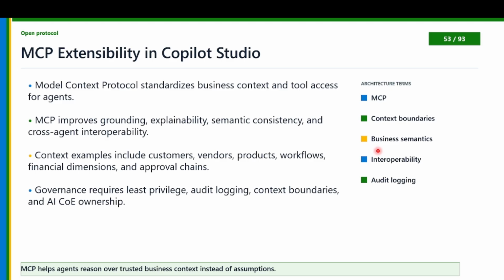Okay. Then business semantics. Business semantics is part of MCP. Business semantics are business metrics and business entities that should be extracted from the external sources, external databases, and tools. Then interoperability. The protocol in the MCP allows interoperability between the external system, the MCP server, the client, and the agent.